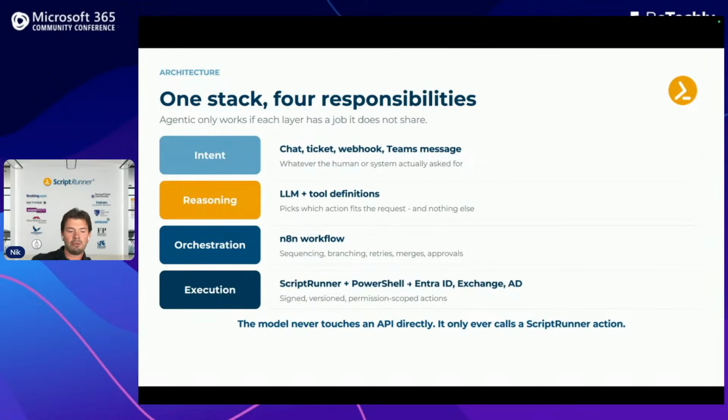The model doesn't have credentials, doesn't have a shell. It's more like it has a menu like in a restaurant, and it can only order things that are on the menu. And you, as a developer, as an orchestrator, wrote that menu, and that's how you make sure that everything stays secured.